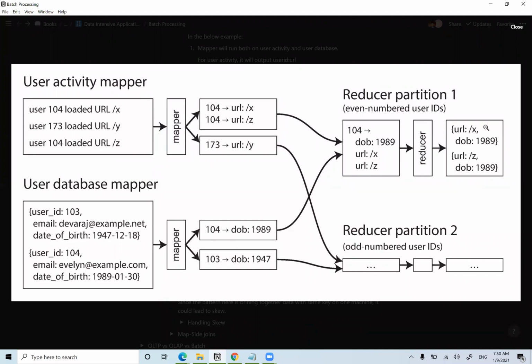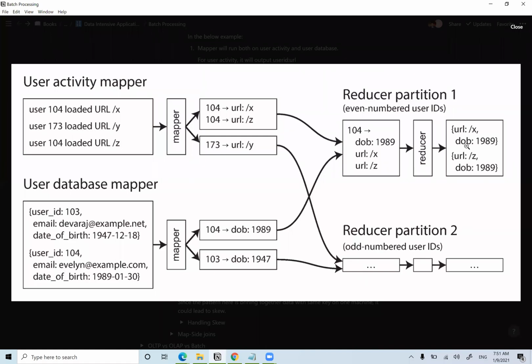So this output will serve as the input of another MapReduce job, where the key will be the URL and the value will be date of birth, and then the shuffle step will bring all the URLs with the same key to one machine. Then that reducer will work out that this URL was viewed by this age group of people, so it can do the classification and all.